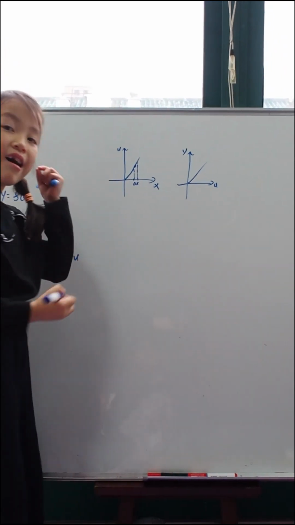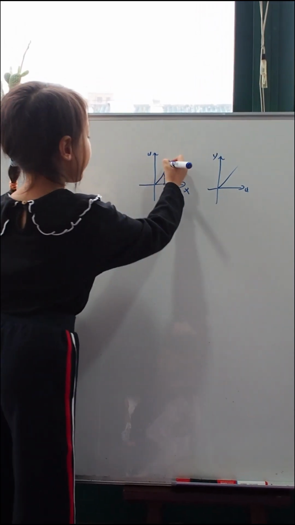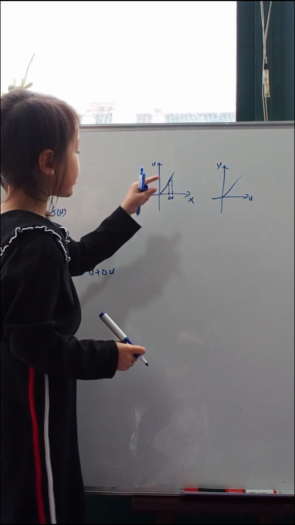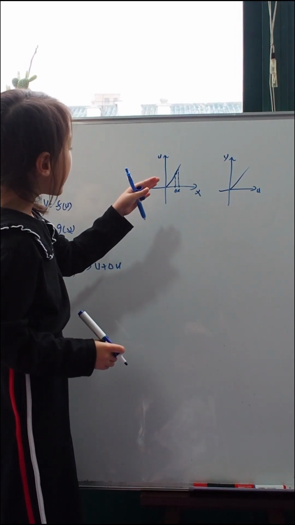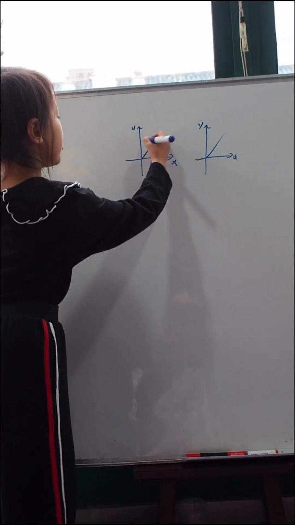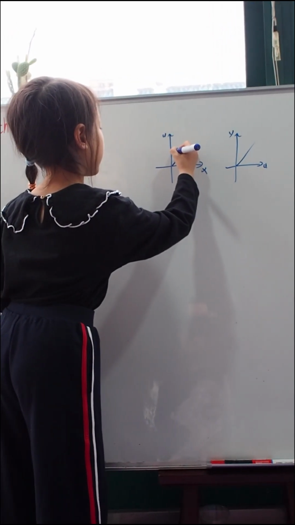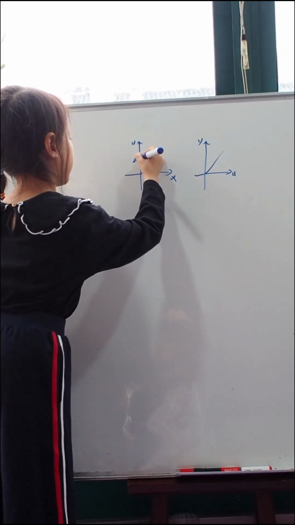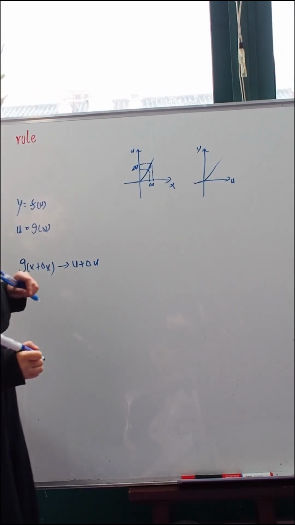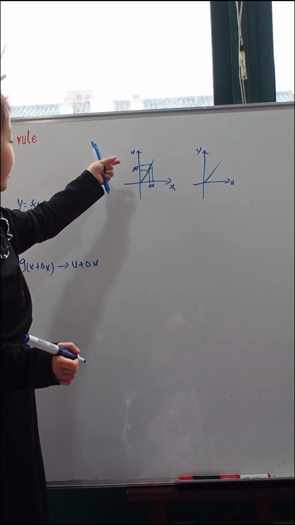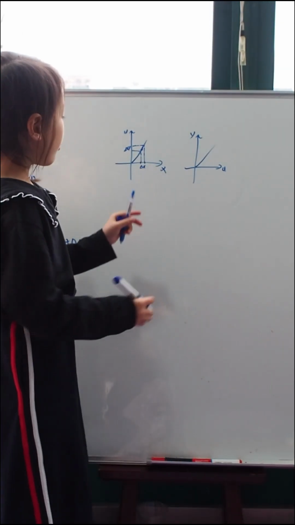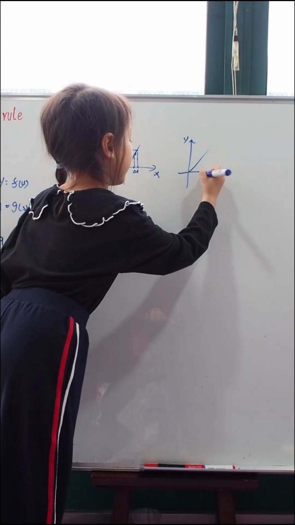If you let delta x times the average slope, then you will get a delta u. Then I let the u-axis rotate to the horizontal line.